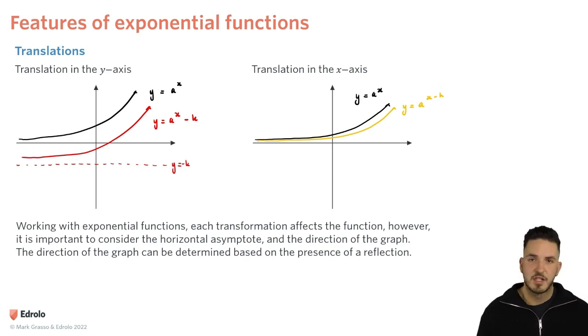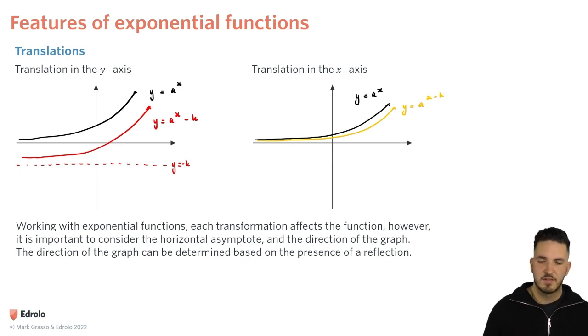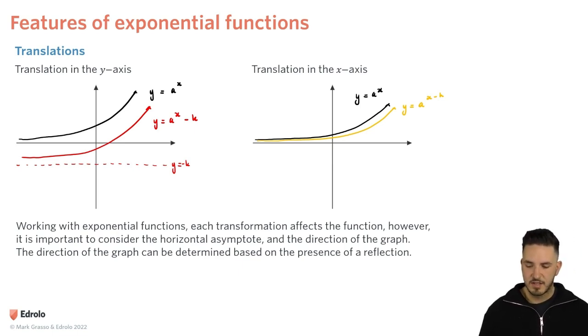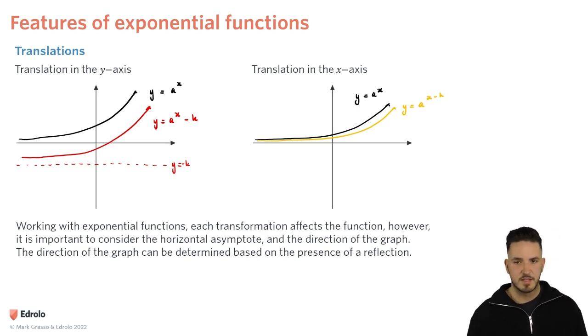However, it has been a shift in the positive direction of the x-axis in this particular situation. If you had a to the power of x plus h, you would have a shift in the negative direction of the x-axis. So the general shape when you're translating along the x-axis for exponentials doesn't change too much. It will change where your intercept lies, but the shape will stay relatively the same, and you won't see too much of a difference. However, when you're translating vertically, because it's so important for the asymptote, that's going to have a big impact on what your graph looks like for exponential functions.